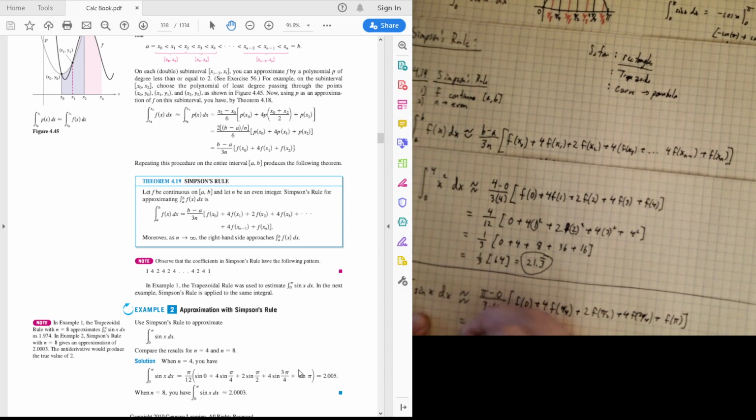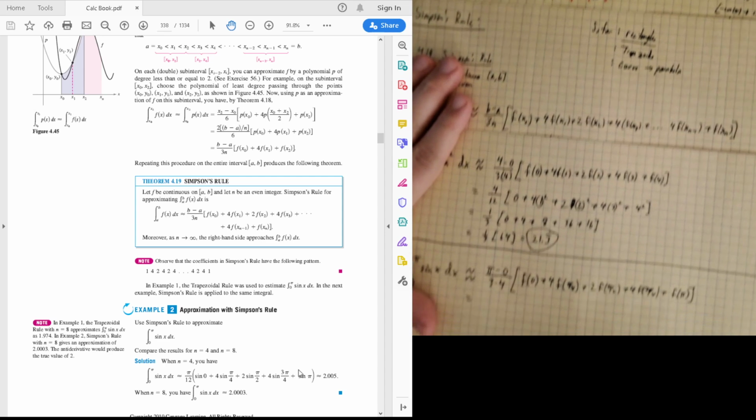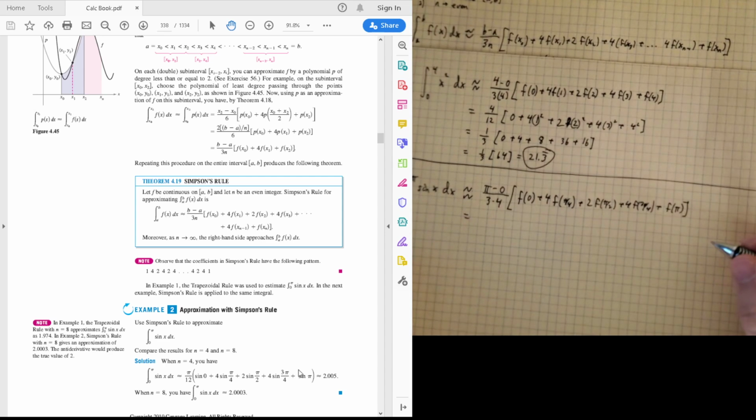Okay, what's this equal to? We should expect to get an answer that is near 2.